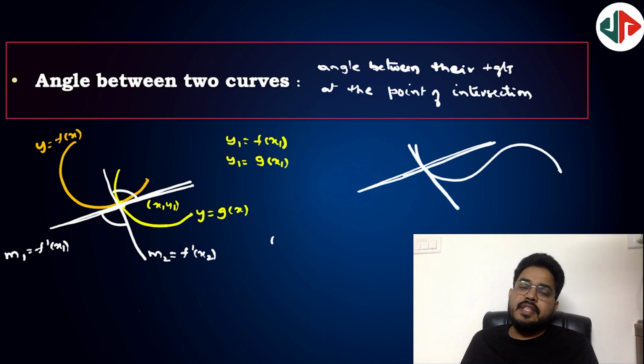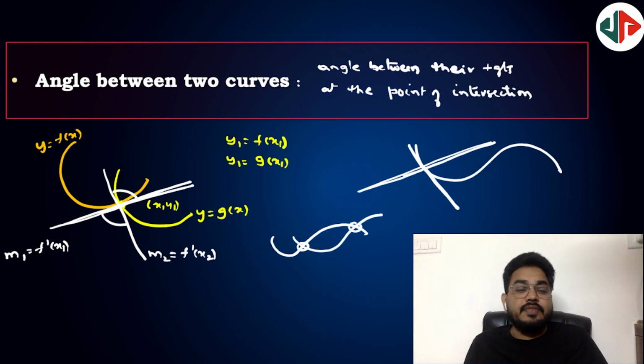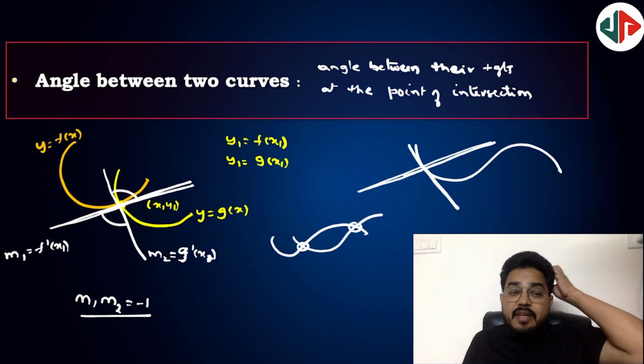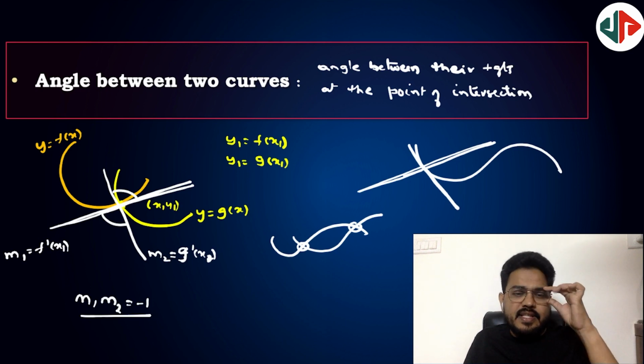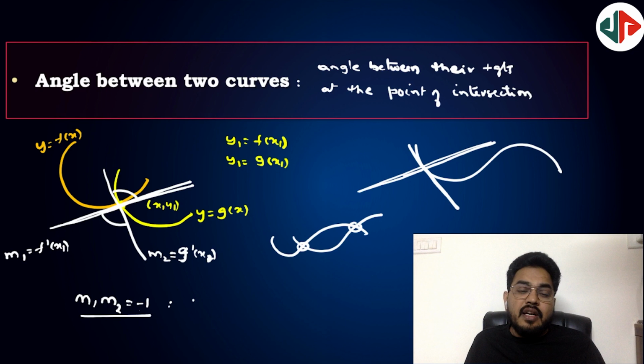Now, if this is the curve here, you have a curve here. So the angle between the curves at this point need not be the same as the angle between these curves. If m1 m2 is equal to minus 1, the angle between the tangents is 90 degrees and we'll say the curves are orthogonal.